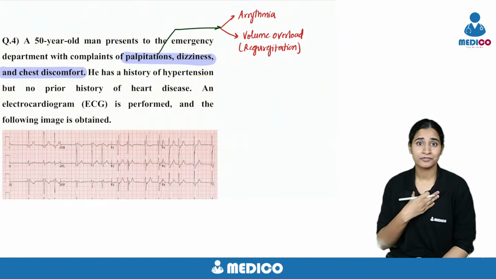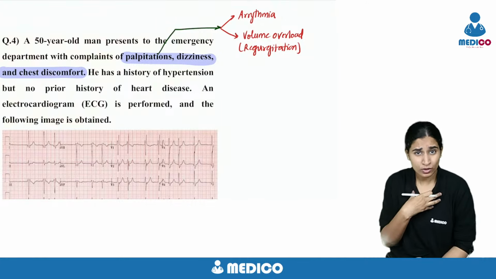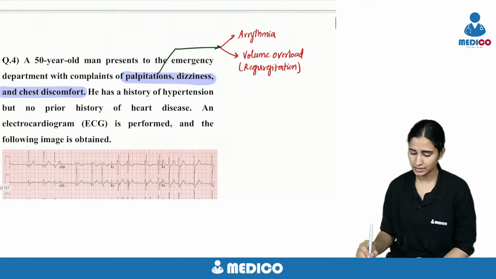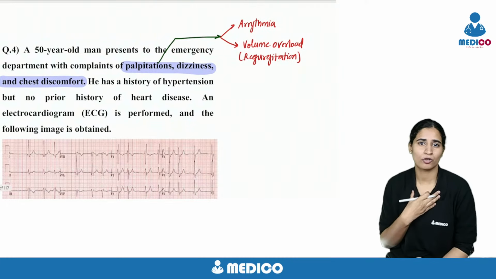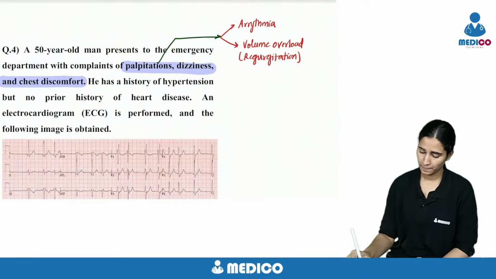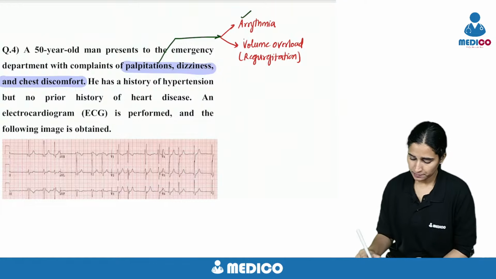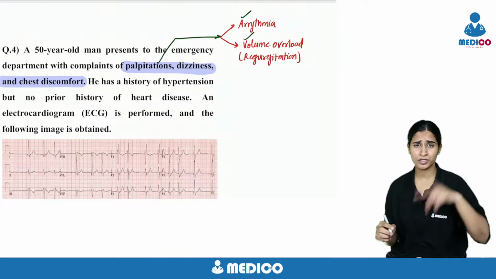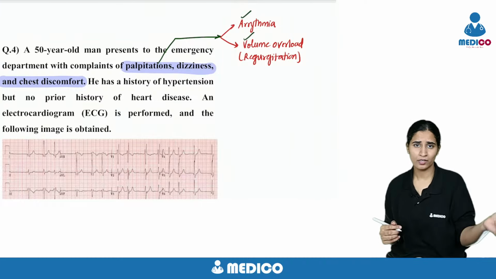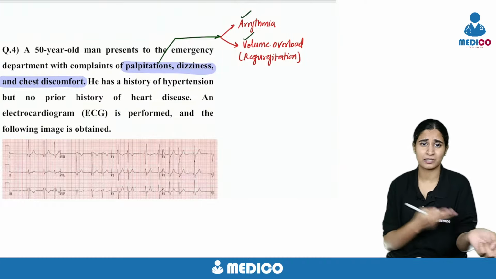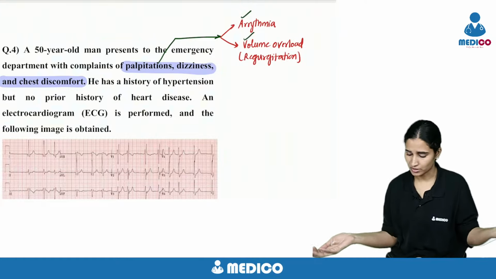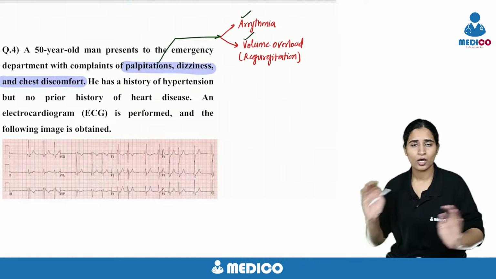One will have the feeling of one's own heartbeat, an abnormal feeling of one's own heartbeat. And the causes are arrhythmia and regurgitation. So this patient has palpitations. Only two things, he'll be having arrhythmia or a volume overload. How do you examine? See the pulse, auscultate.